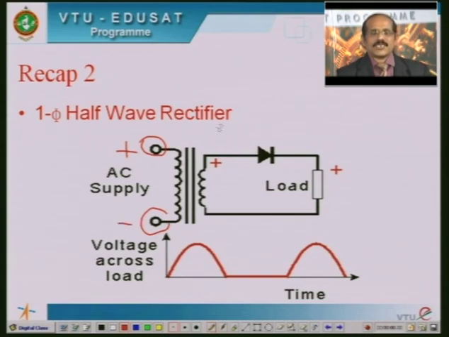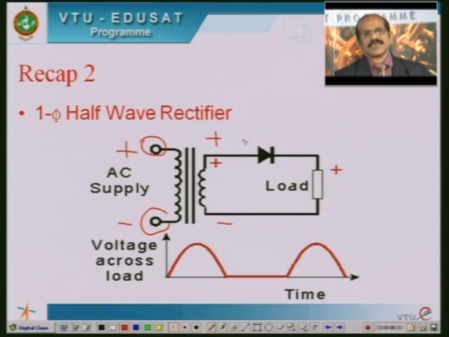Correspondingly, a voltage is induced at the secondary, having a positive potential at this terminal with reference to this. Now you can see that the anode of the diode is at positive potential, whereas the cathode of the diode is at negative potential.